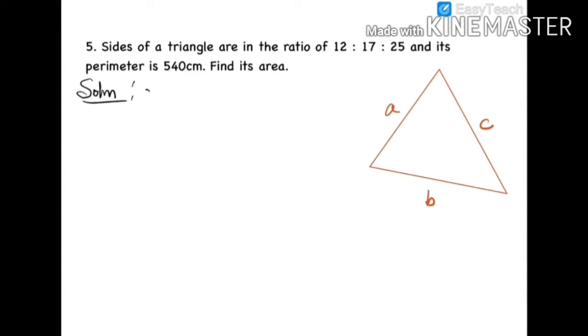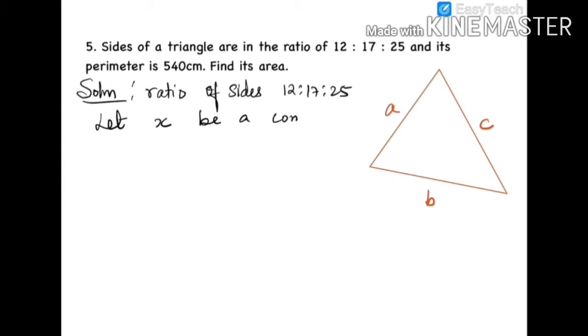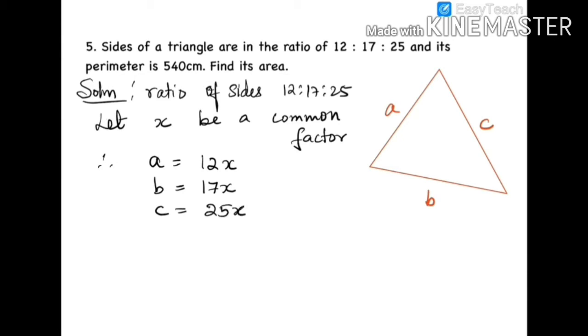We are given that the ratio of sides is 12:17:25. So let us take a common factor x. Then we can write down the sides A as 12x, B as 17x and C as 25x.